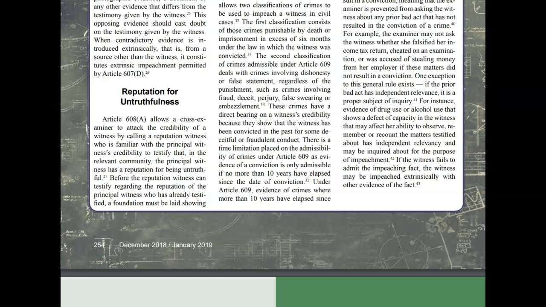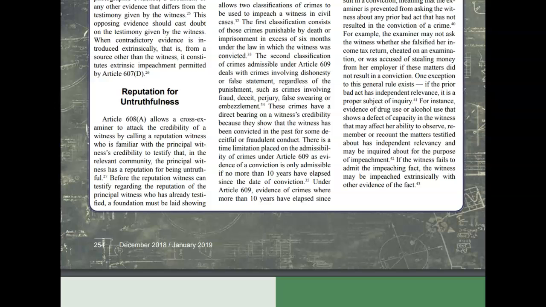Article 608 allows any party, prosecution, defense, plaintiff, or defendant, to bring in a bad reputation witness to suggest that any prior witness is not credible. This is not restricted to criminal cases, and it's not restricted to civil cases.